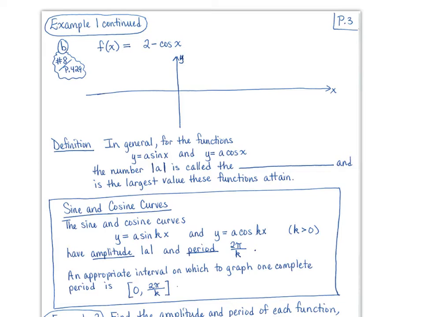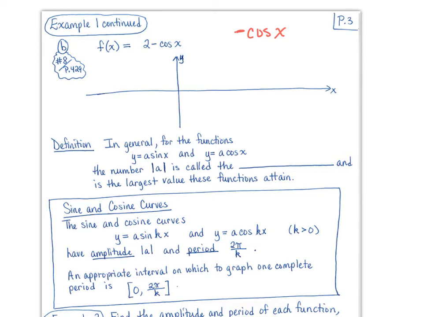Okay, so the first thing we should definitely sketch is what? Wouldn't it be the cosine of x, like what we just did, and then up 2? No, it'd be negative cosine of x. We want to graph negative cosine of x because this is negative cosine of x here. So graph that.